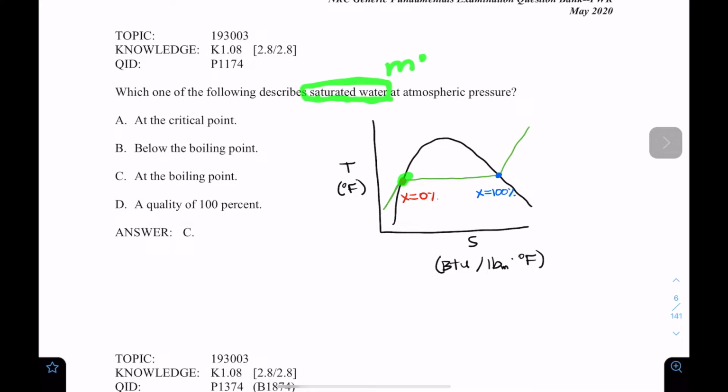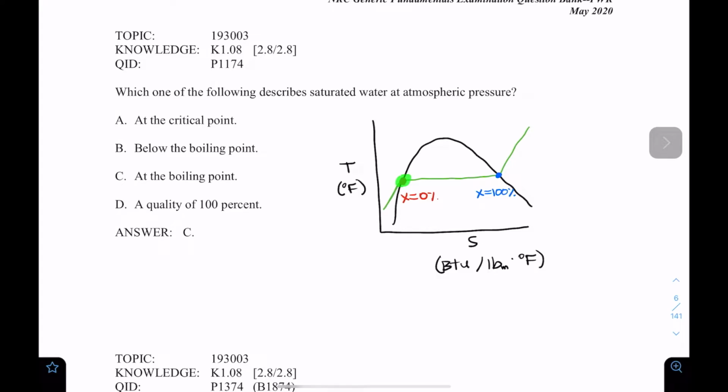It doesn't say mixture. It doesn't say saturated vapor. If we said saturated vapor, maybe we'd say we are at 100%. If it says saturated mix, that means we are somewhere in this range. But it says saturated water, meaning we are at this point.